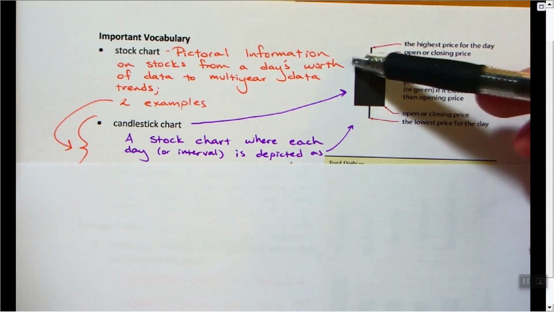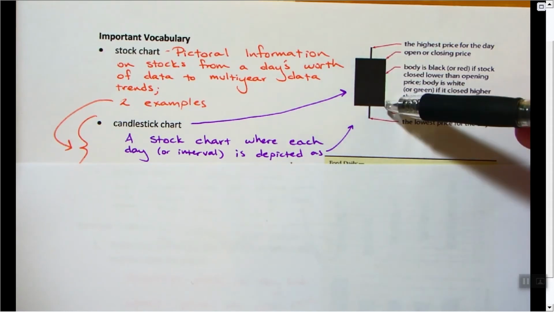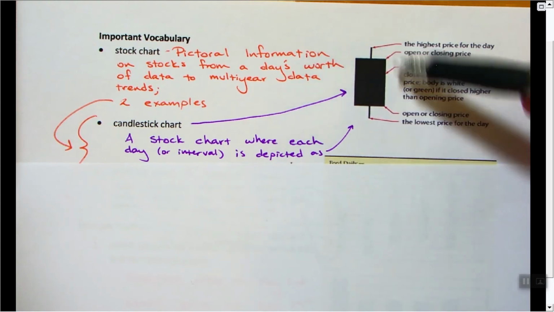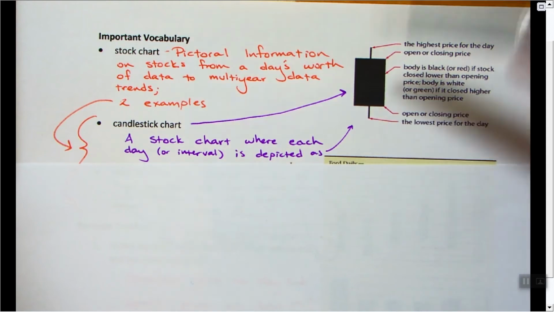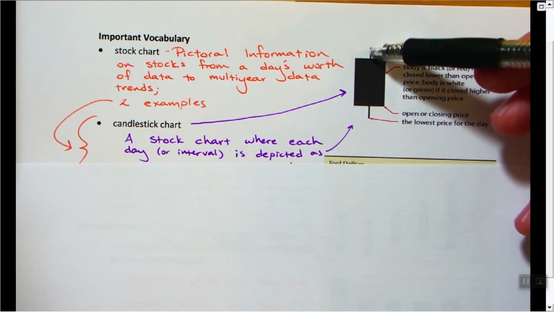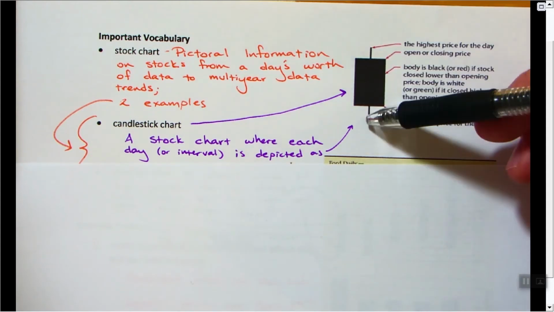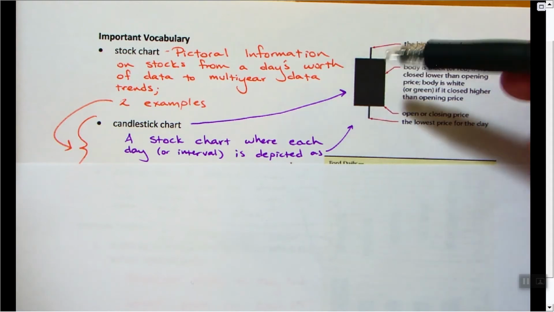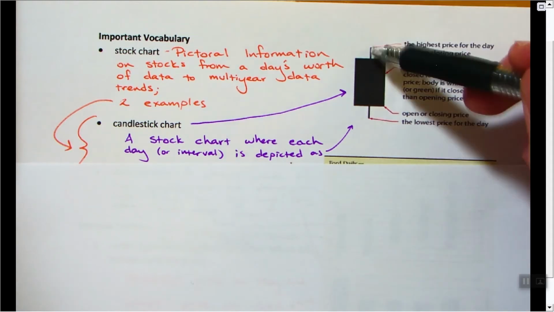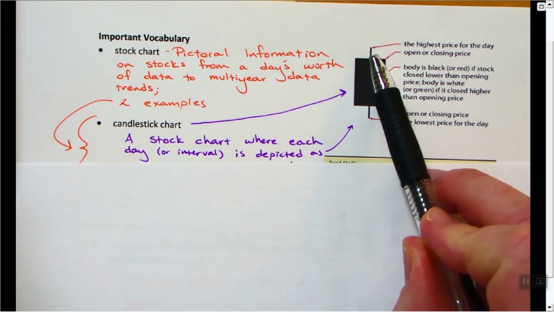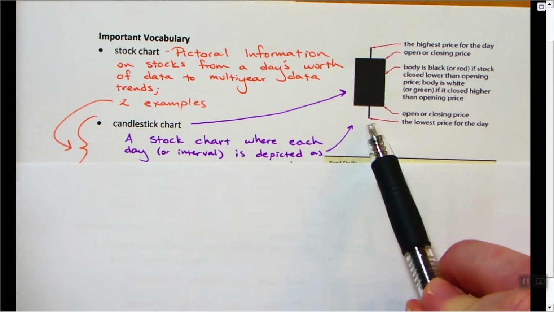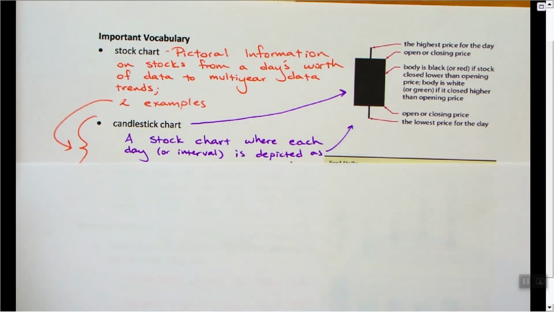So it started high, ended low, and the color of that tells you that it lost money that day. Okay, and then it has these candle wicks on top and bottom, although most candles don't have it on both ends. But those little sticks up there will give you the highest trading price for the day and the lowest trading price of the day.